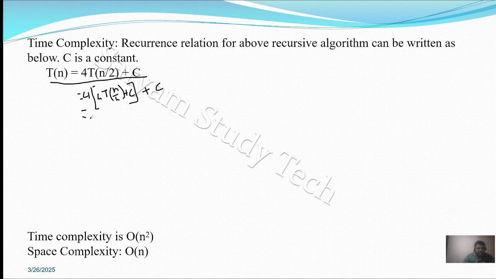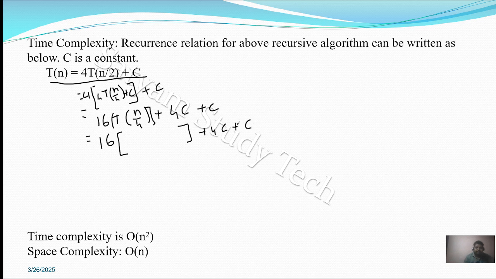Now 4 into 4 is 16T(n/4), plus here 4 into c, that is 4c, plus c. Again a recursive call, 16T, here you substitute in place of n by 4, and 4c is already there, 4c plus c.